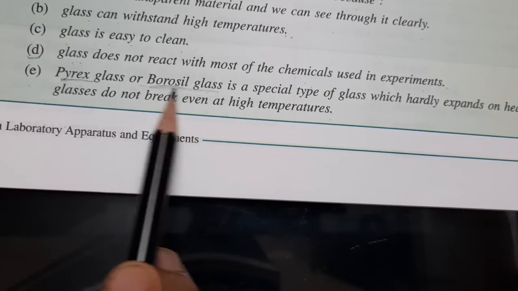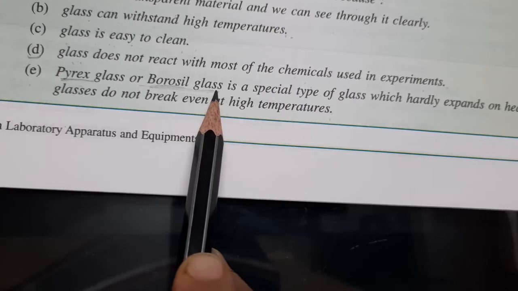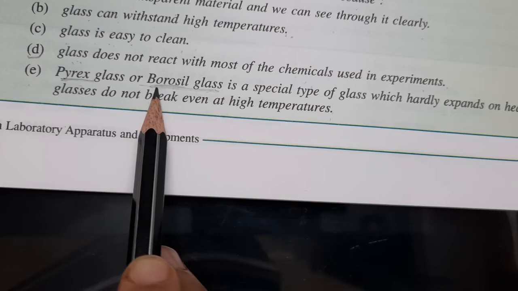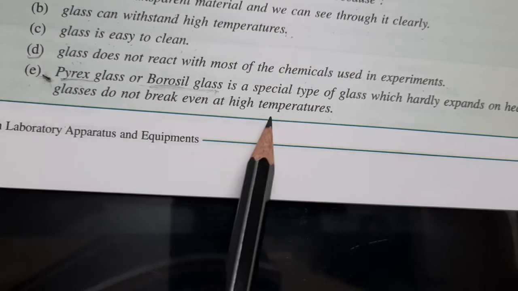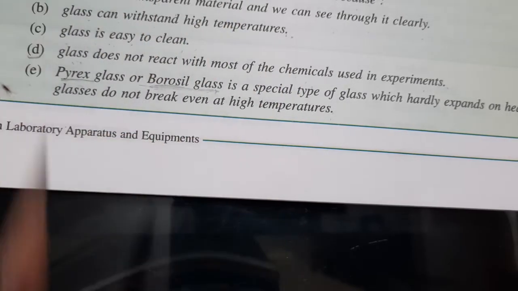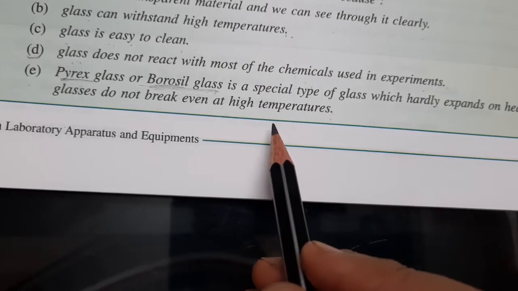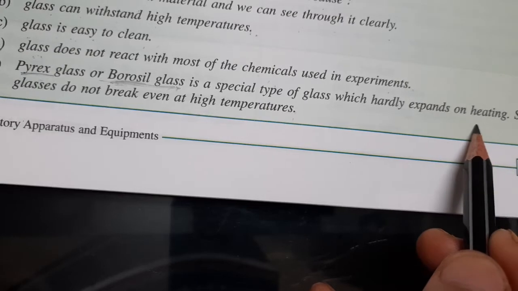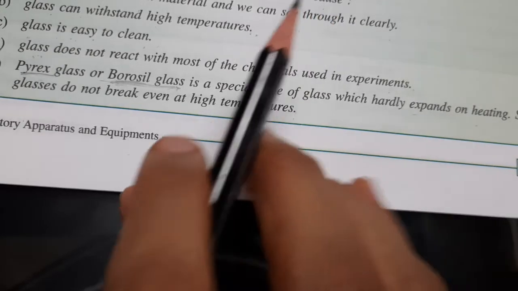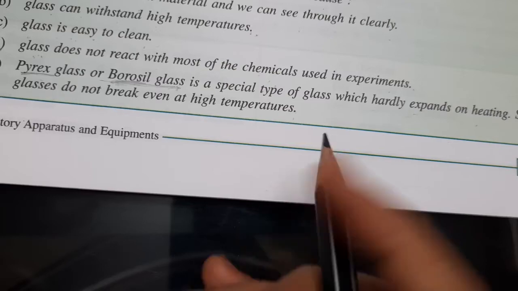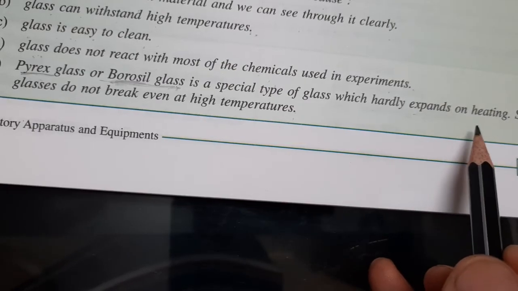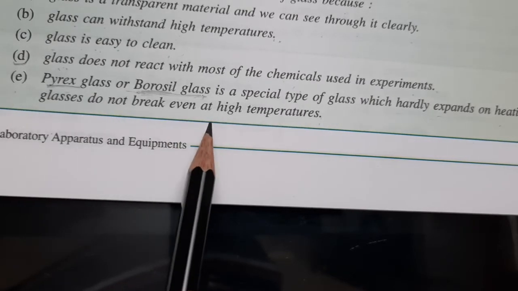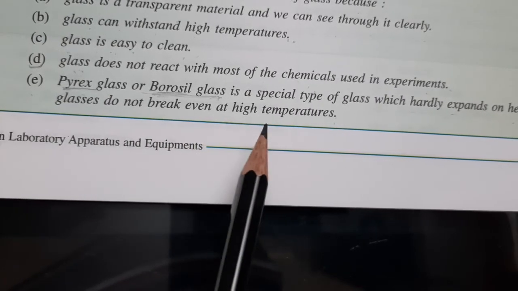Borosil glass is known by that name because it is made from borosilicate, and it is very hard glass which can withstand very high temperature. What is the meaning of hardly expand? It does not contract and expand at higher and lower temperatures, it remains as it is. So that is why we use Borosil glass apparatus in a chemistry laboratory.